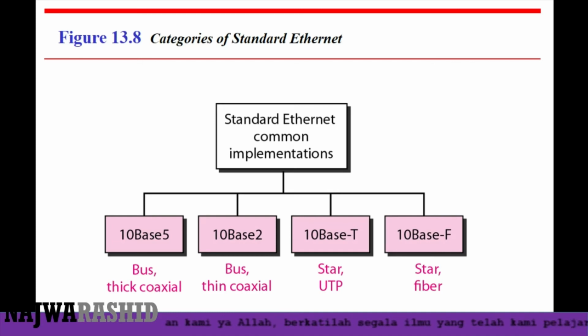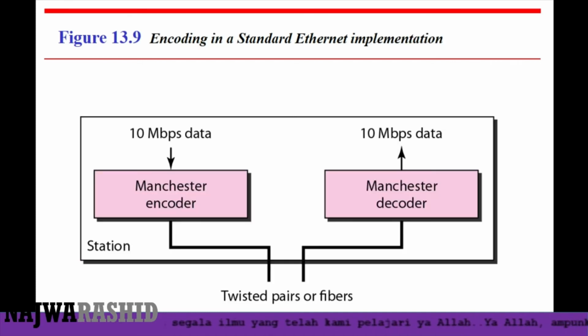And 10BaseF uses star topology with fiber optic cable. The speed for the standard Ethernet is 10 megabit per second, and it implements encoding and decoding. The line coding for this standard Ethernet is Manchester.